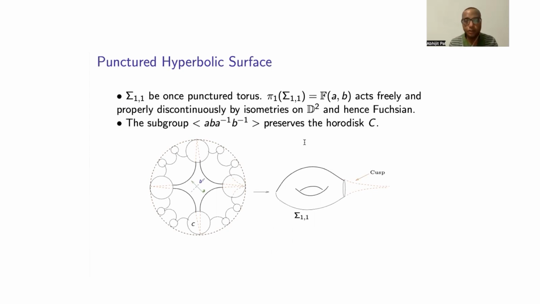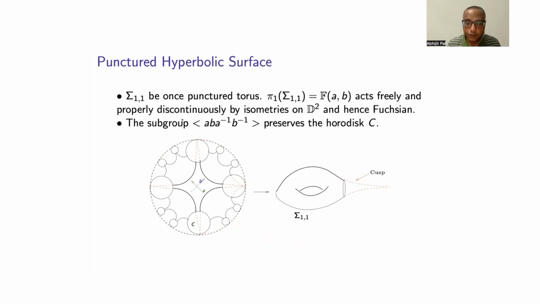So that is your punctured torus. Pi1 of sigma 1,1 is a free group with two generators A, B. And we have also seen that it acts freely and properly discontinuously by isometries on this Poincare disk, and hence it is Fuchsian.